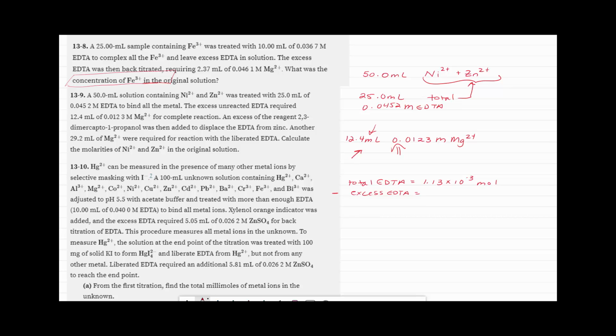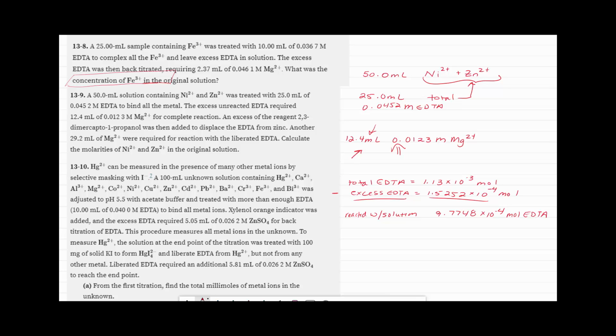And so my total excess EDTA is 1.5252, I'm just going to give you all of my digits, times 10 to the negative 4 moles. So the total moles that reacted with the solution are 9.7748 times 10 to the negative 4. So that's the moles of EDTA that reacted with the solution.